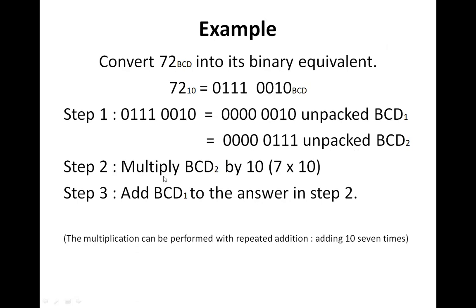Then we multiply BCD2 by 10, so 7 into 10, and after multiplying we add BCD1 into this. Since we don't have any instruction by which we can multiply, we are going to add 7 ten times so that the result is equal, and then we add BCD1 into that.